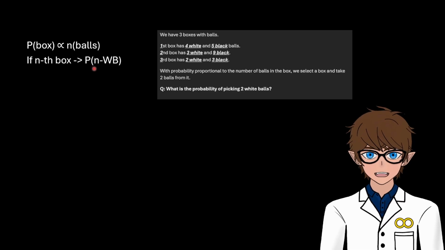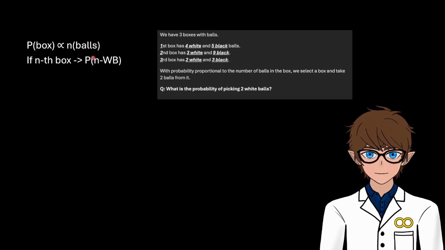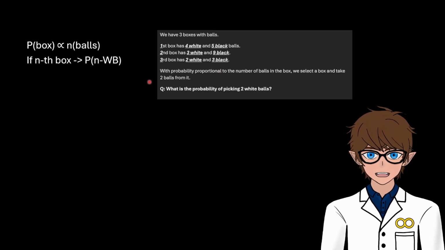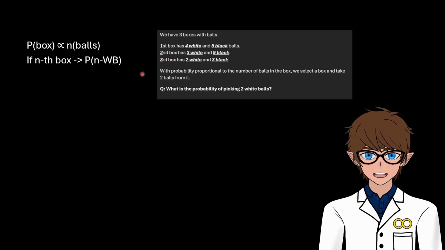Then we take 2 balls from that box. So what is the probability of it being 2 white balls? For that we need to know the probability of 2 white balls per box being picked, so for all possible scenarios, for all possible boxes we can choose from.